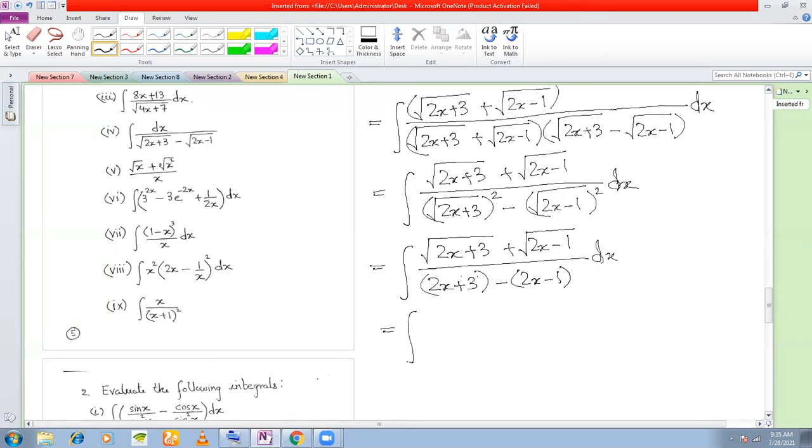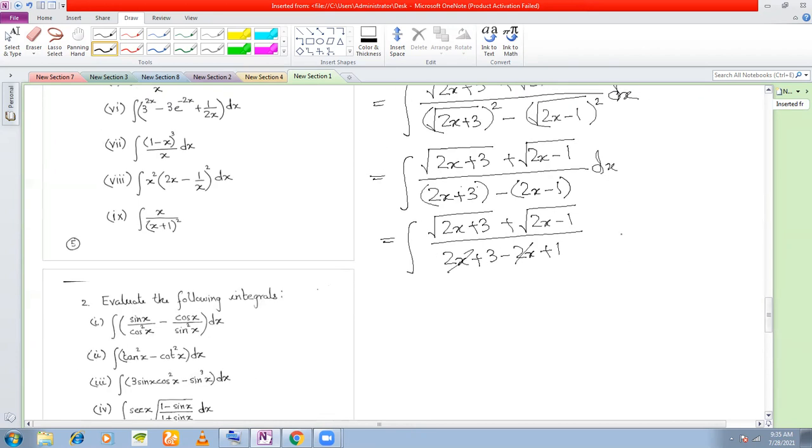So this you get integration root 2x plus 3 plus root 2x minus 1 divided by, if you open the brackets now, 2x plus 3 minus 2x plus 1. So plus 2x and minus 2x are going to cancel. So you get here integral root 2x plus 3 plus root 2x minus 1 divided by 4.